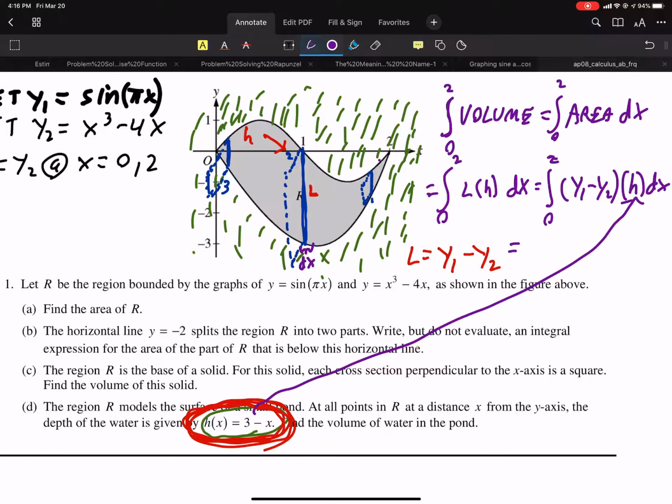Oh no, what happened? Enter. Perfect. 8.369 or 8.370. We are finished with this problem.